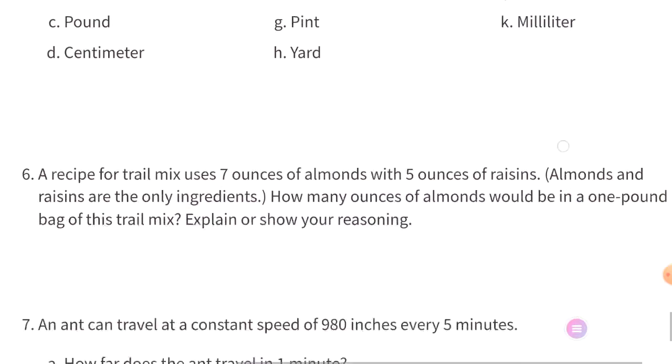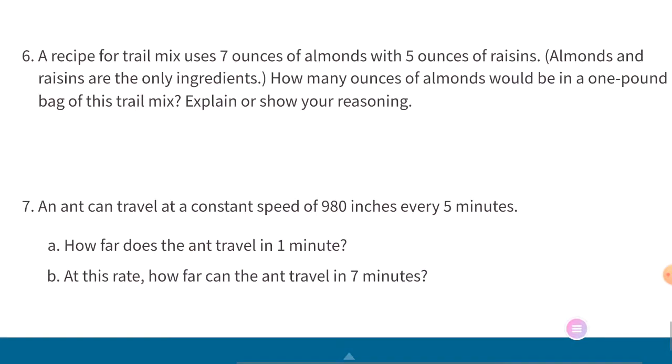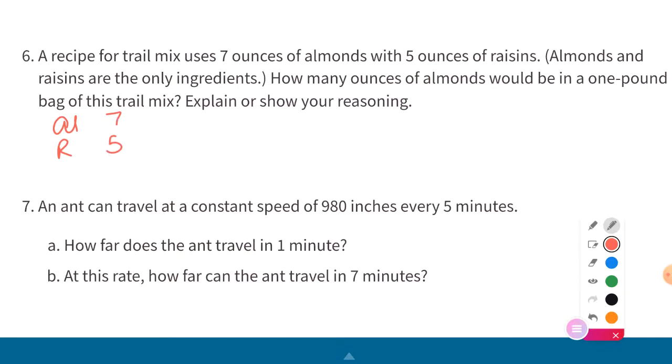Number 6. This one was a part whole. Okay? This one was a part whole because it gives us a ratio of almonds to raisins. It says 7 ounces to 5 ounces.